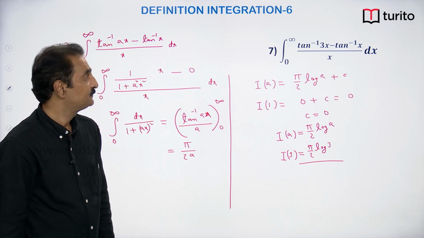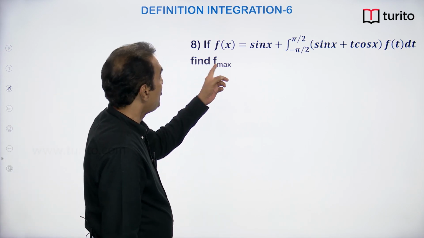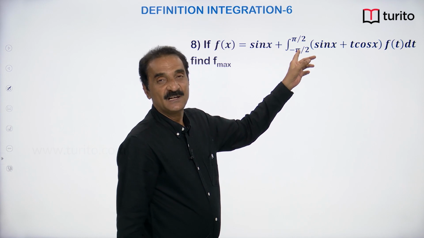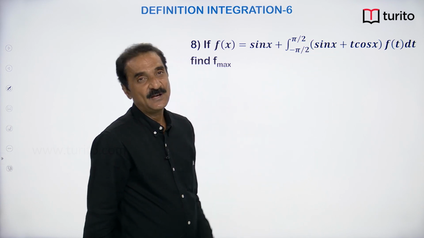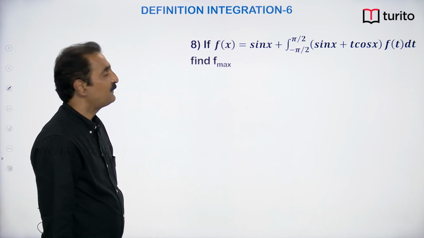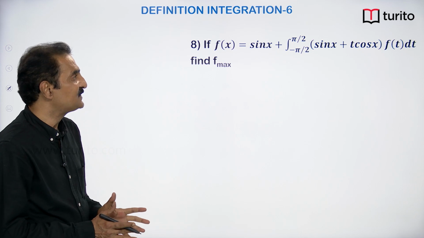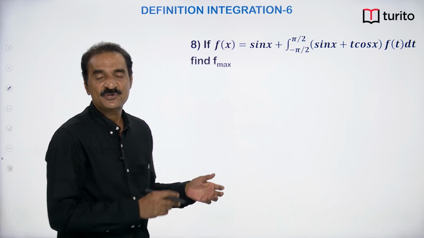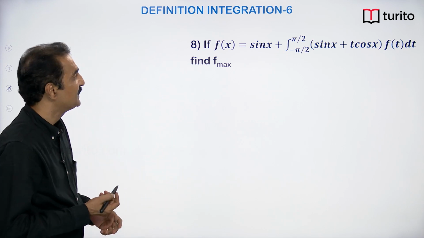Next question. F of x is equal to sin x plus integral minus pi by 2 to pi by 2 of sin x plus t cos x into f of t. Then find f maximum. The approach is similar to one of the questions we solved today and even in the previous class.